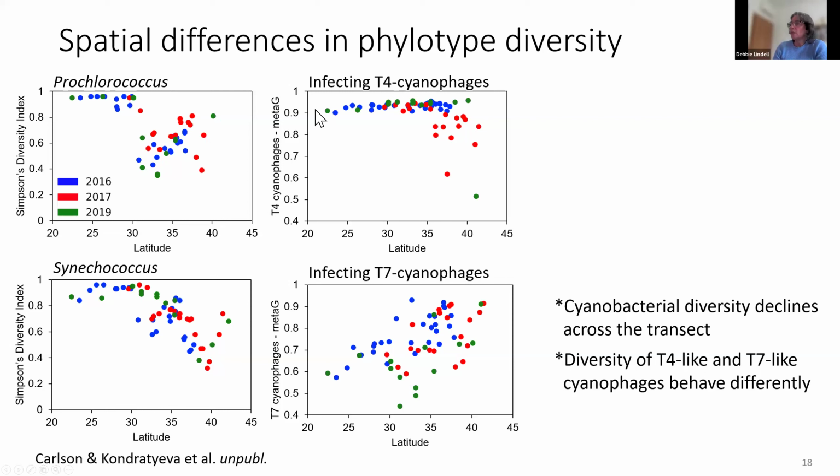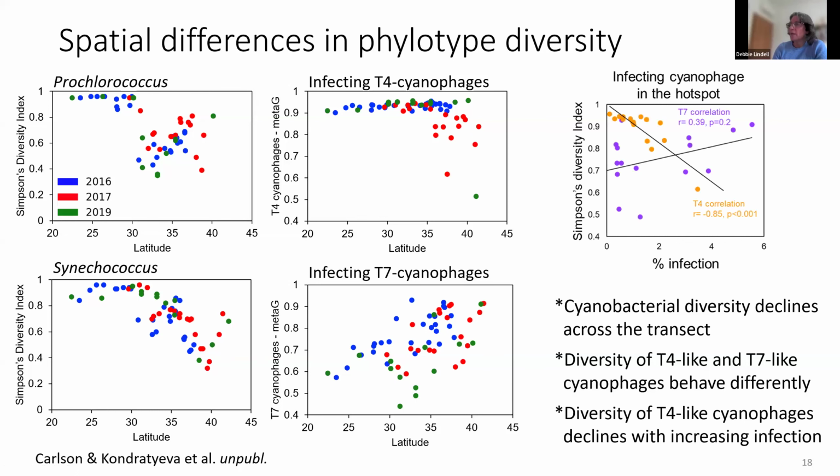For the T4-likes, we have high diversity throughout the transect, but in the 2017 cruise here in the red dots, we see that diversity dropped, and that's the year where we had the high degree of infection by both T4 and T7-like cyanophages. And different again, we have a very different picture for the T7-like cyanophages. Their diversity is lower in the subtropical waters, and it increases as we go north.